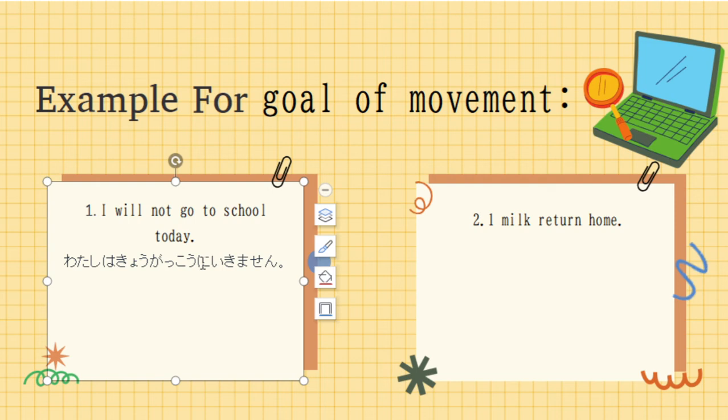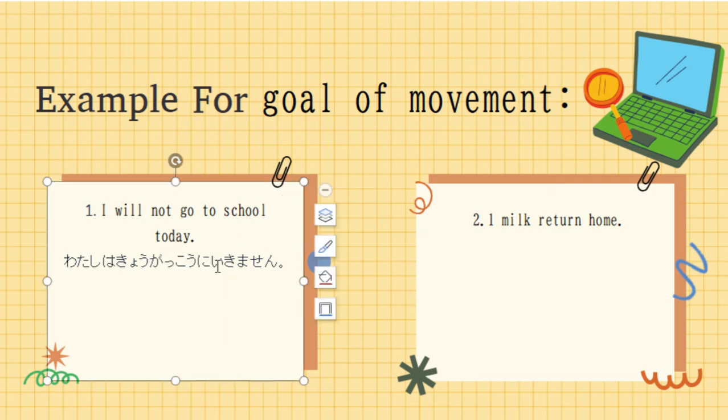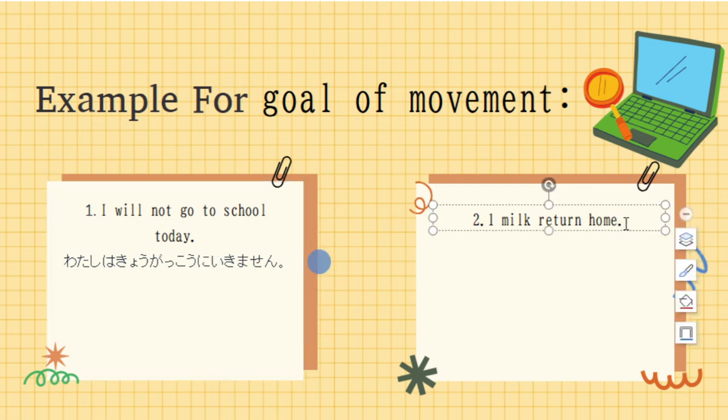If you want to mark the goal of movement, you will place the ni after the place. So that is the construction. Always remember that the verb is always at the end of the sentence. For example, I will return home.